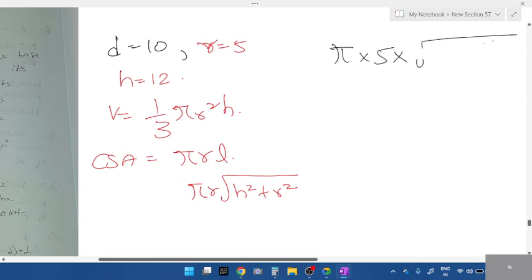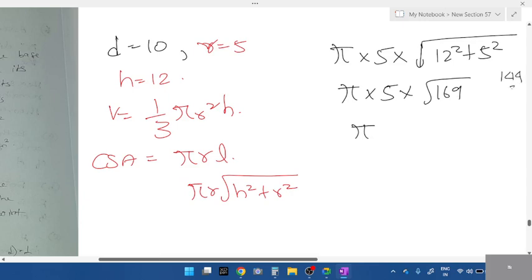L is equal to square root of 12 square plus 5 square. It's a triplet question. 144 plus 25 is 169, square root is 13. 5 into 13 is 65. 65 pi is the answer.